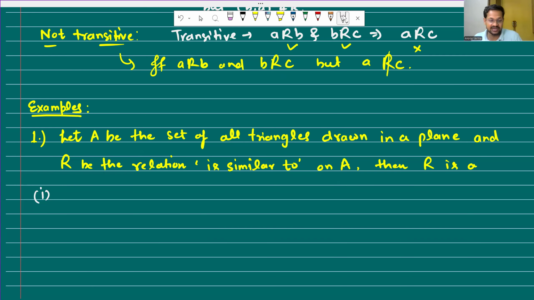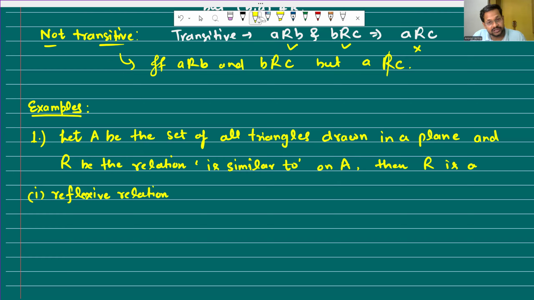So it is similar. एक सेकेंड, सेम कलर से लिख लेते हैं. ओके, तो इजीली यू कैन सी दैट इट इज द रिफ्लेक्सिव रिलेशन.